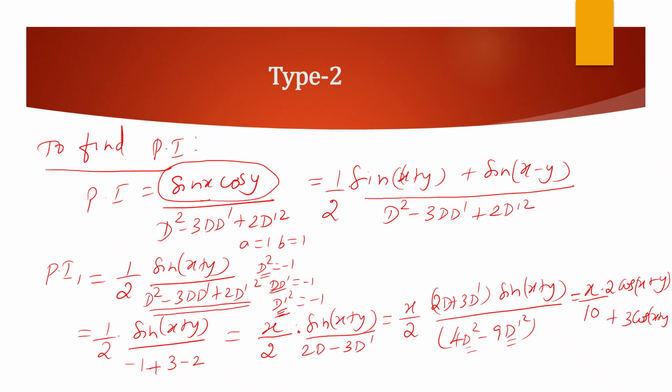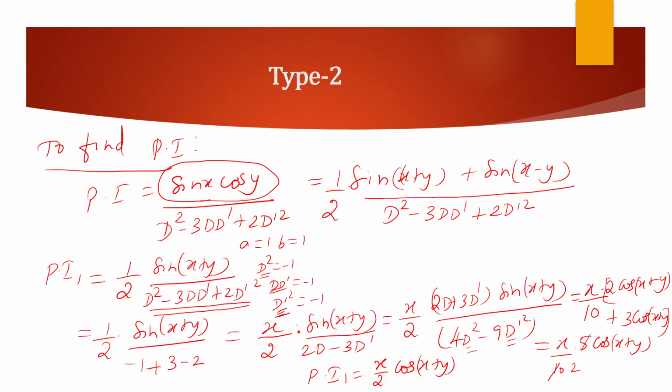From this we get 5 cos of (x plus y). So we get x by 10 into 5 cos of (x plus y), and we can cancel this 5, so it is x by 2 cos of (x plus y). So our particular integral 1 is x by 2 cos of (x plus y).